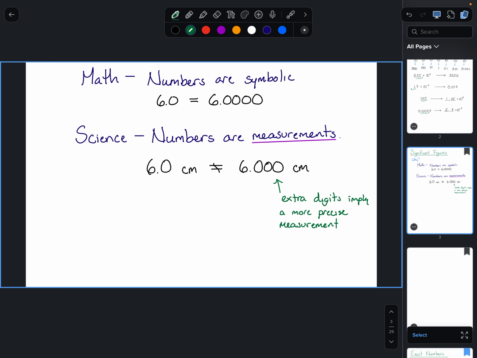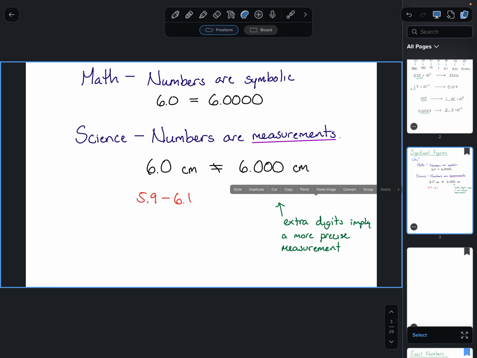Okay, when we say 6.0 centimeters, that means that this is somewhere between 5.9 and 6.1, somewhere in there, right? Whereas when we say 6.000 centimeters, now all of a sudden this is between 5.999 and 6.001, a much smaller range.